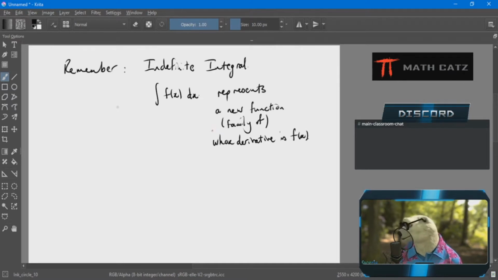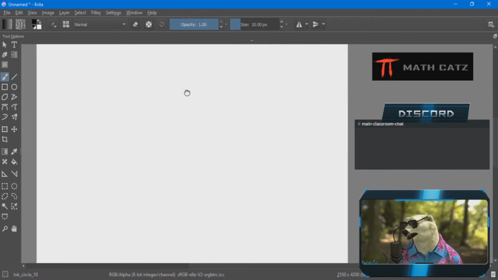Now let's look at something seemingly very different. Let's look at area.